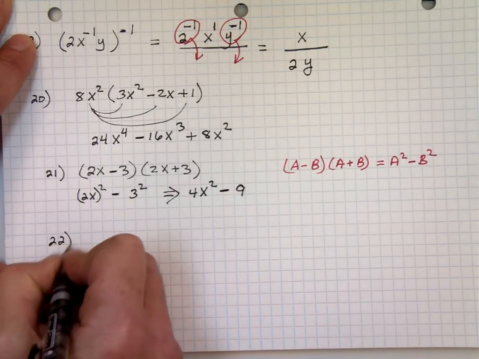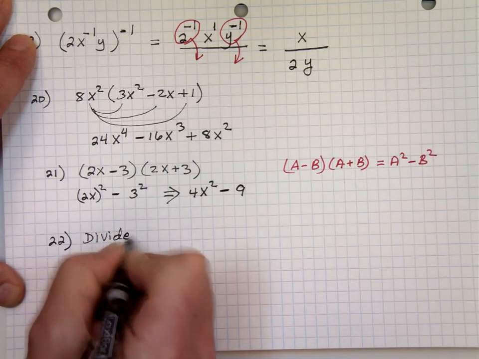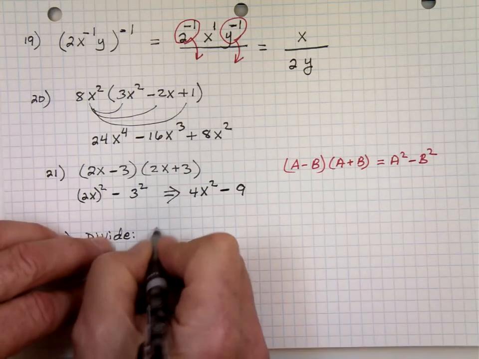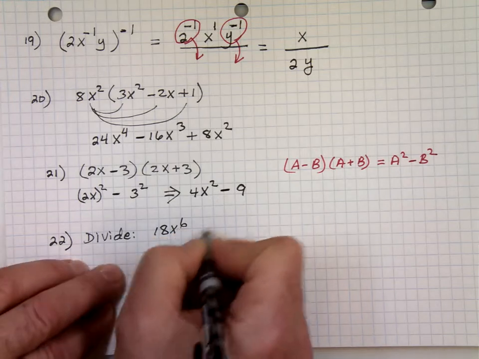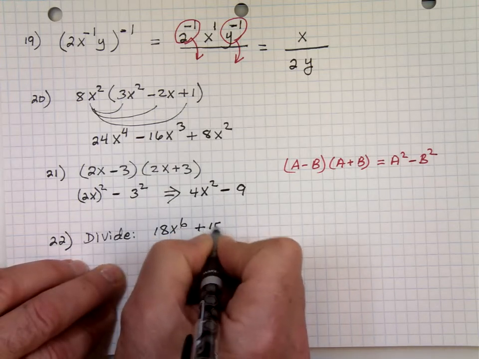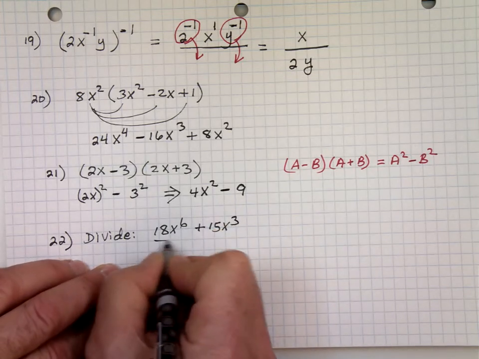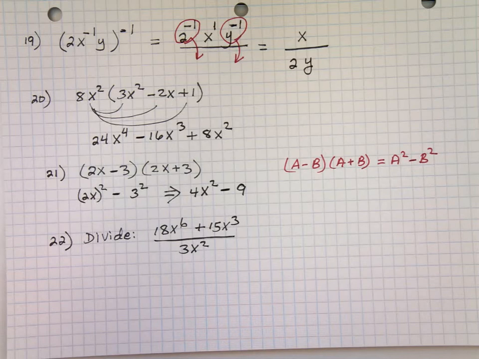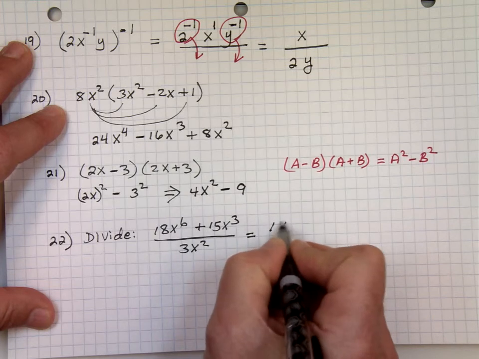Divide 18x to the 6 plus 15x to the third by 3x squared. Again, I'm going to divide each one of them by 3x squared.